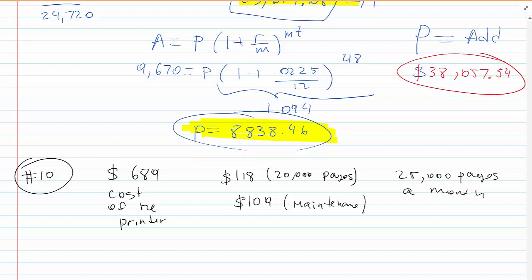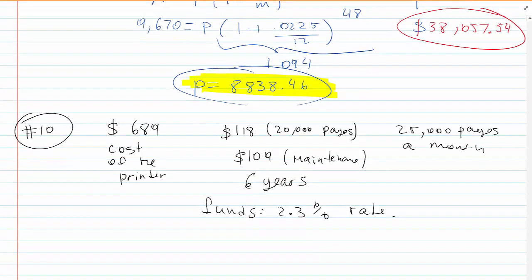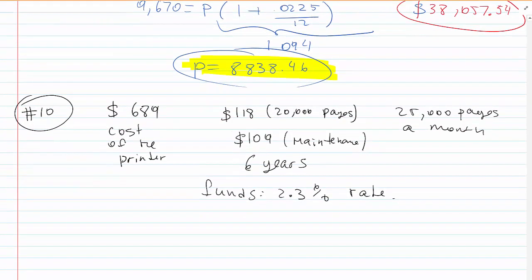Right, and you will have the printer for 6 years. And the funds will come from an annuity that pays you a 2.3% rate. Okay, so let's calculate the cost. Just like we did before, let's calculate the cost of printing.